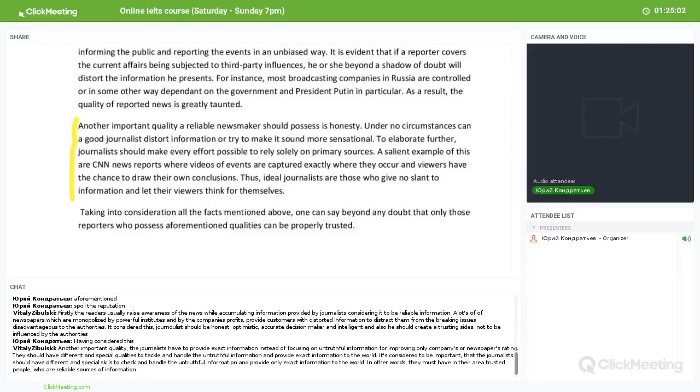Maybe you can also include an example here, Vitaly, because you only provide ideas, and in IELTS you're supposed to extend your ideas and, well, prove it by using examples. So you should explain, expand, and give examples.